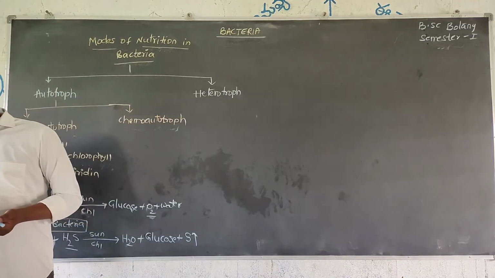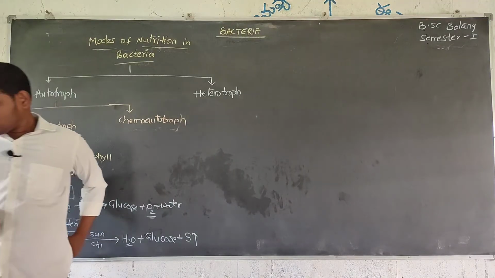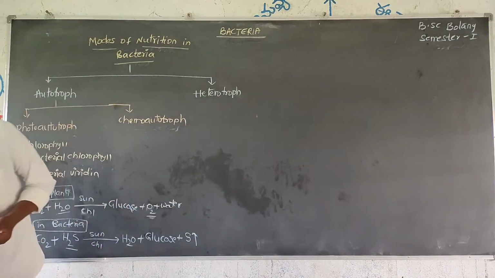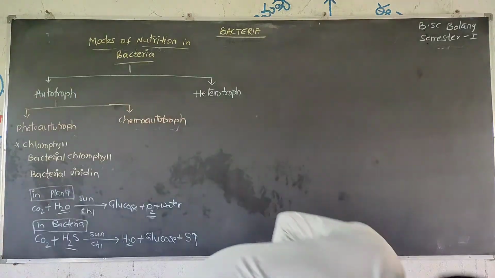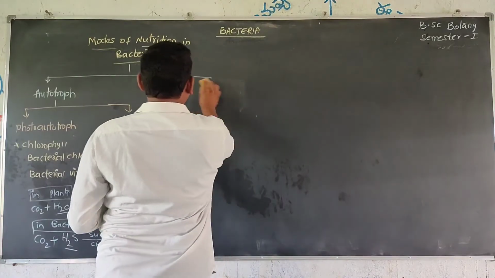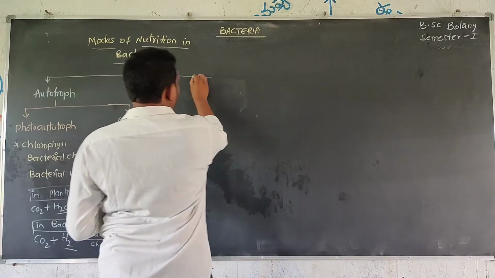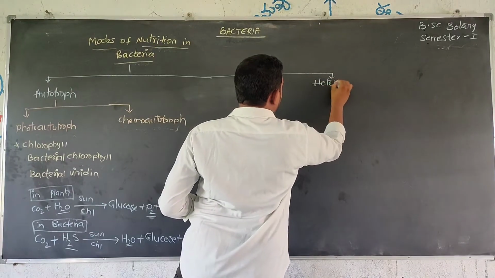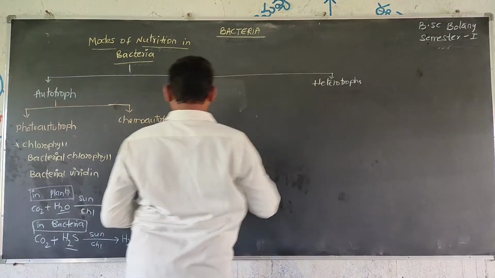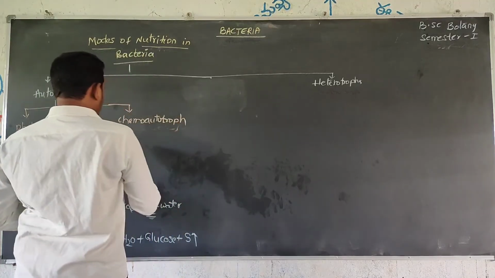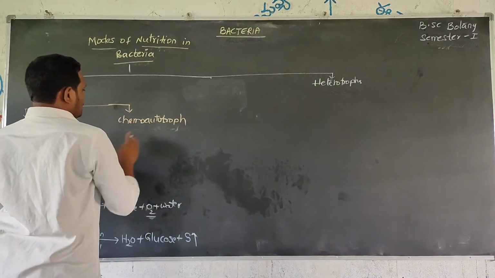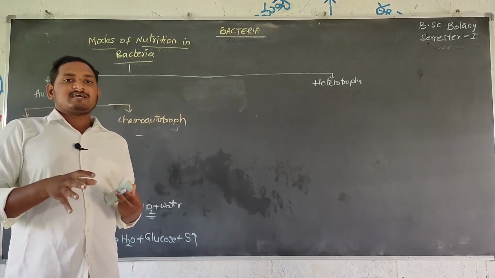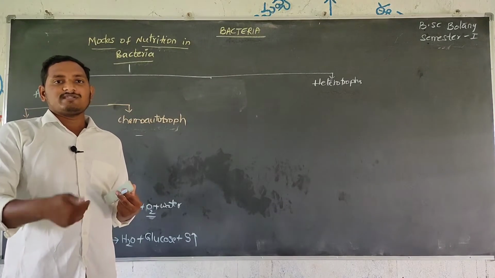Next, chemoautotrophs. These chemoautotrophs mainly reduce carbon dioxide to carbohydrates, which is a common thing.